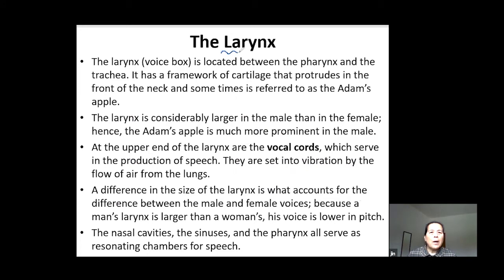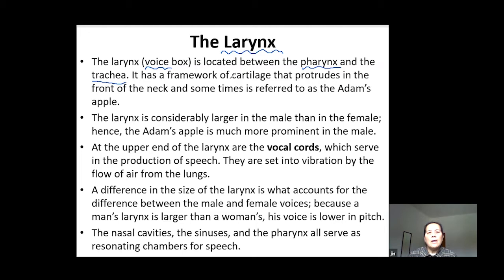Then we're talking about the larynx part. The larynx has its special function to make a voice. We also call it the voice box. It is located between the pharynx and the trachea. Or we can say it connects the pharynx and the trachea.